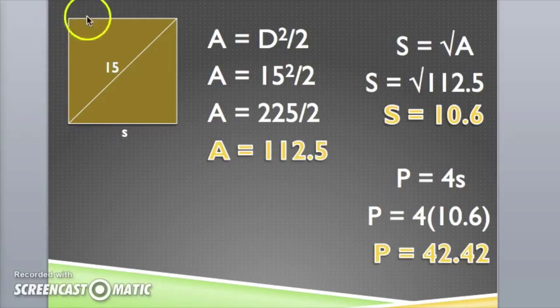For getting the perimeter of this square, we need to multiply 4 times the measure of the side. So perimeter equals 4 times 10.6, and our perimeter is 42.42 units.